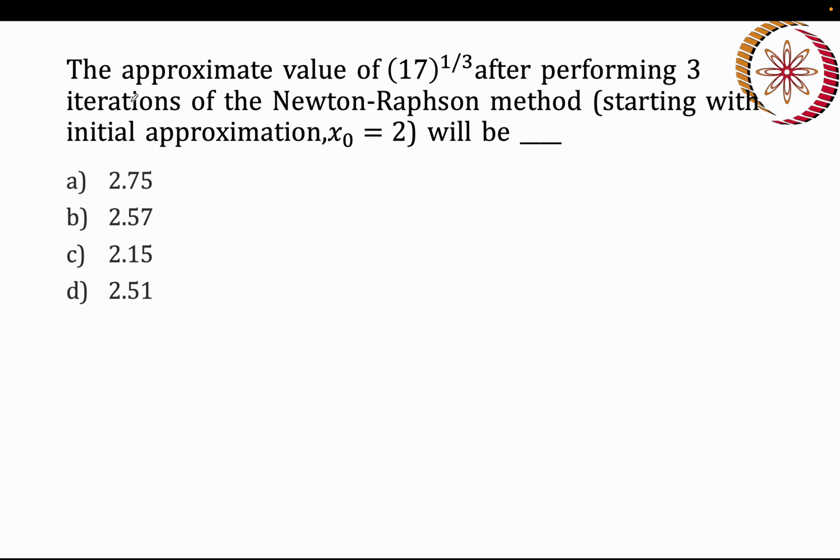The next question is: the approximate value of the third root of 17 after performing 3 iterations of the Newton-Raphson method, starting with initial approximation x0, which is 2. So what we want to find is 17 raised to 1 by 3 is equal to x.